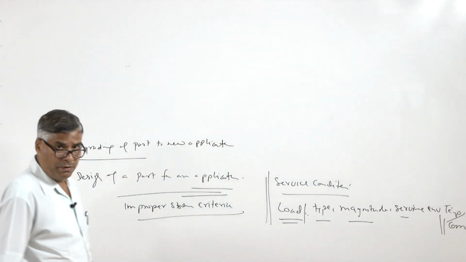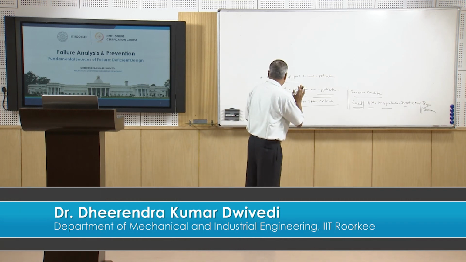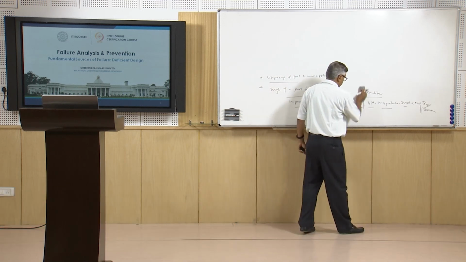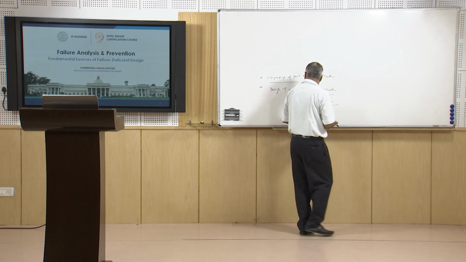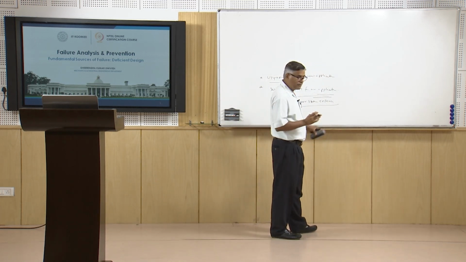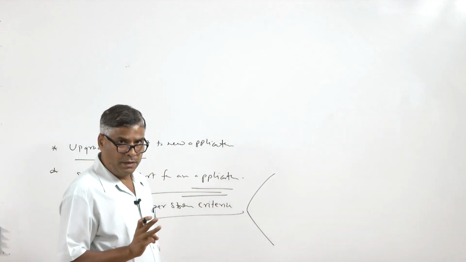But sometimes we find it really difficult to have the kind of stresses which are to be used properly, and this can arise due to two types of situations. This can arise from two causes.